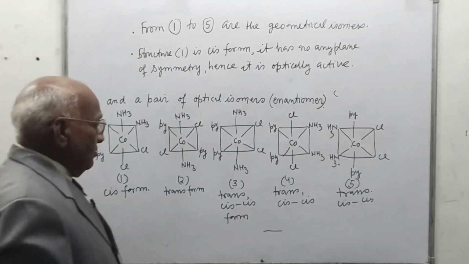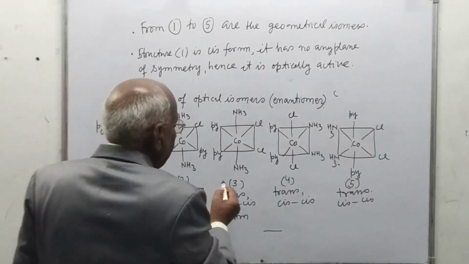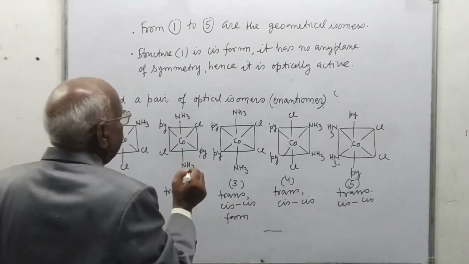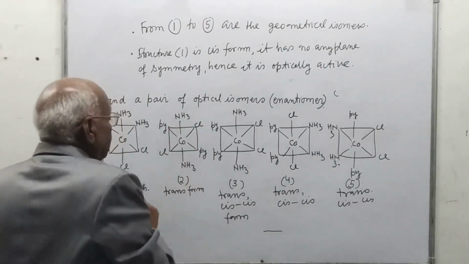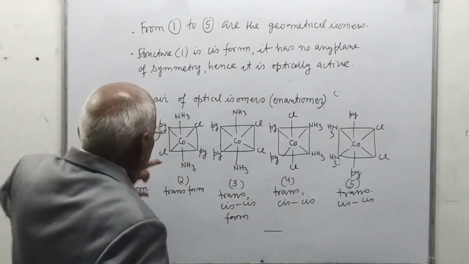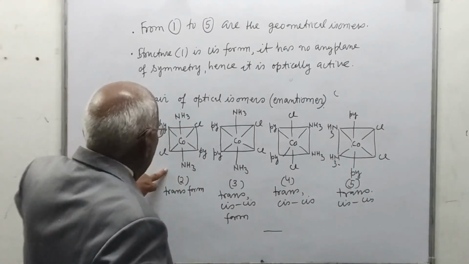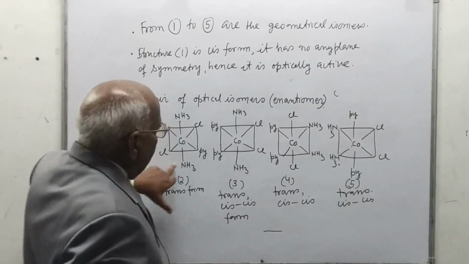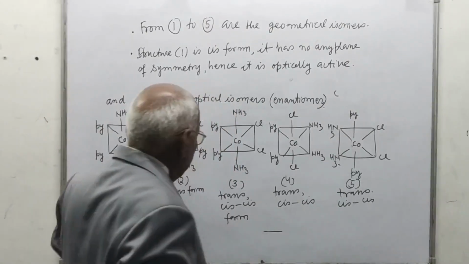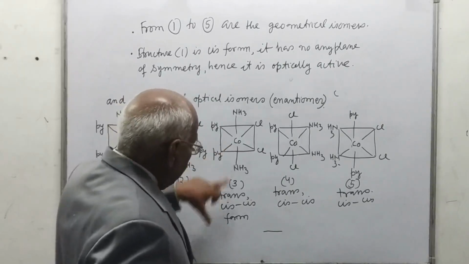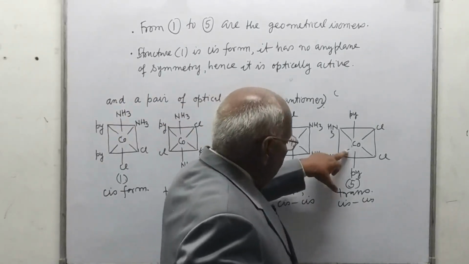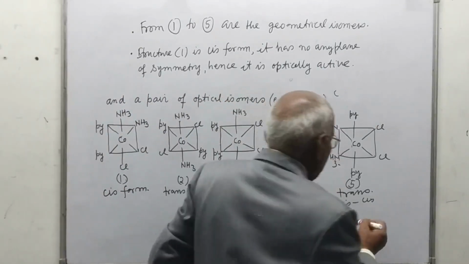See, in the rest of the structures, second, third, fourth and fifth: this is the trans form, again this is the trans form, third is the trans cis form, fourth is the trans cis form, again this is a trans cis form.